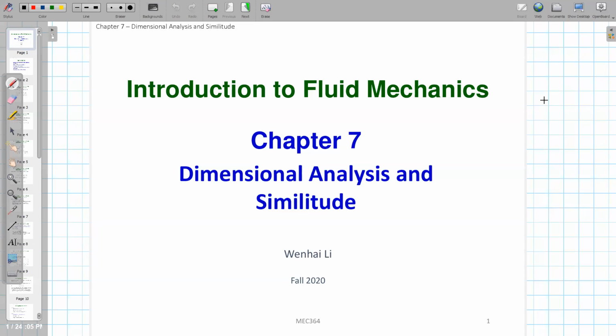So what does this mean? The dimensional analysis is basically trying to study the problem. For example, if you have a fluid dynamics problem, it may involve many parameters.